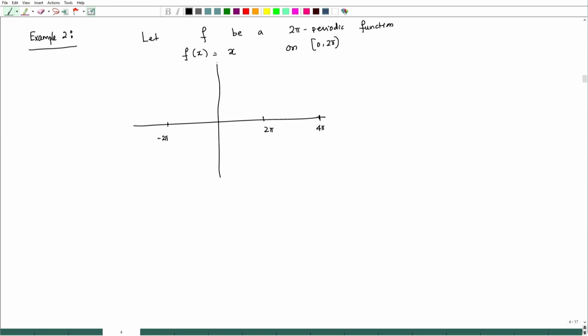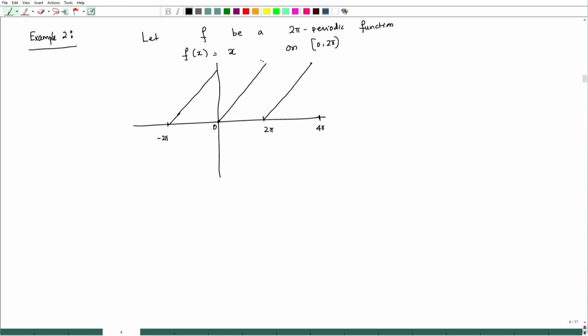So, on 0 to 2 pi, f(x) is going to look like this, and then from 2 pi to 4 pi, this is again going to look like this, and from minus 2 pi to 0, this is going to look like this, and at 0 this is again 0. So, this is like a sawtooth.